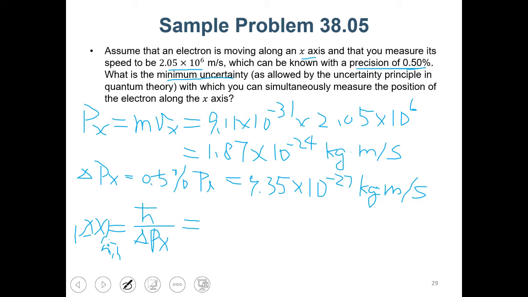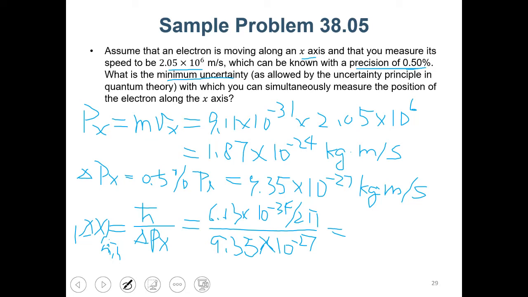So h bar should be 6.63 times 10 to minus 34 over 2 pi. And delta px is 9.35 times 10 to minus 27. So the answer is 11 nanometer.